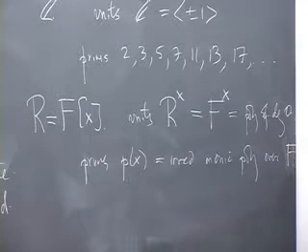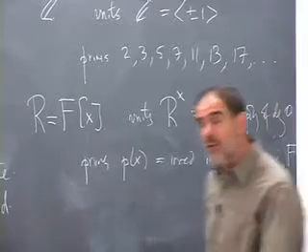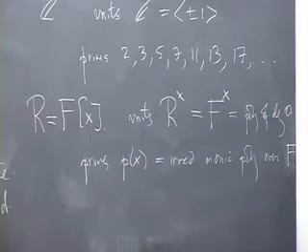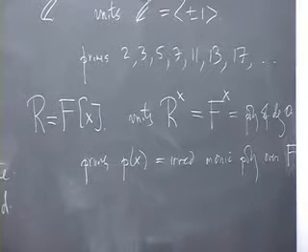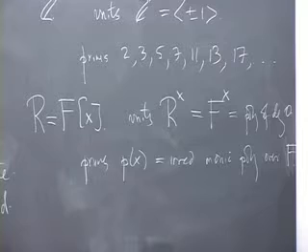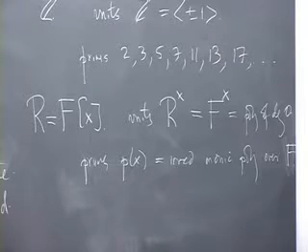Now again, we don't have a list of the irreducible polynomials for most fields. For some fields we do. For example, for the complex numbers, an irreducible polynomial has degree 1. Right? That's the fundamental theorem of algebra, that any complex polynomial has a root. So it can only be irreducible if it has degree 1.